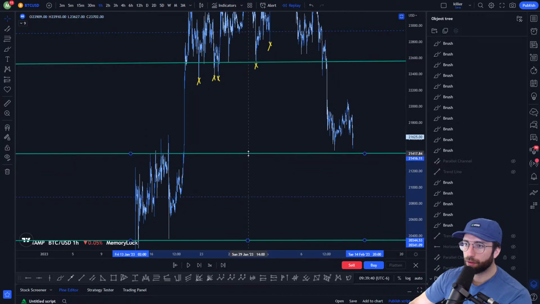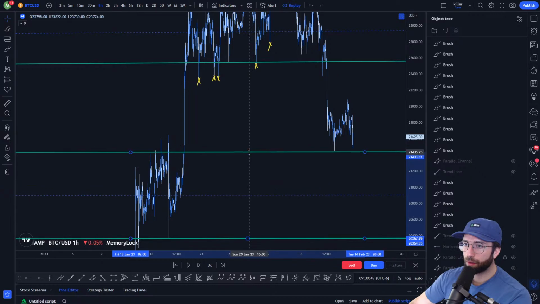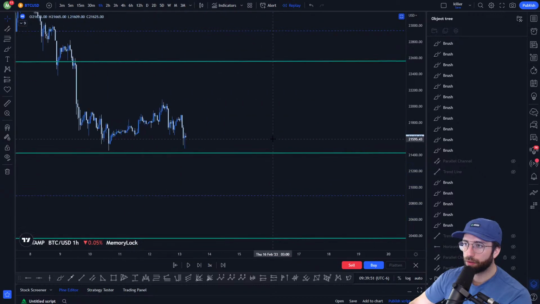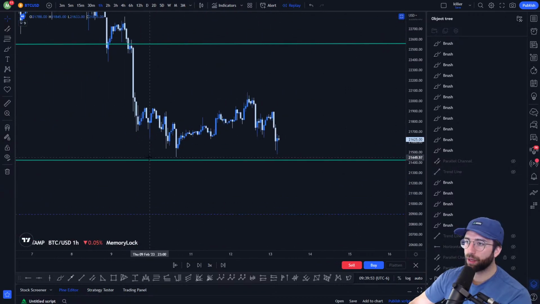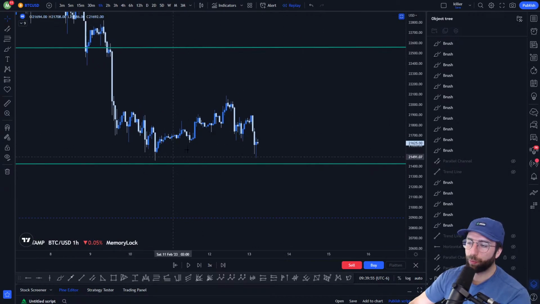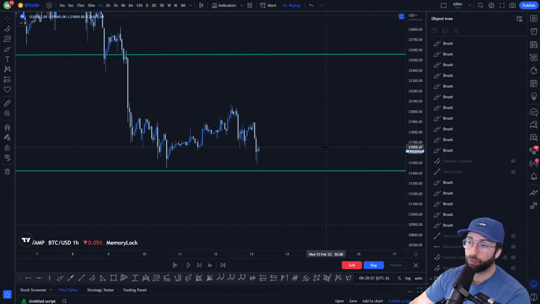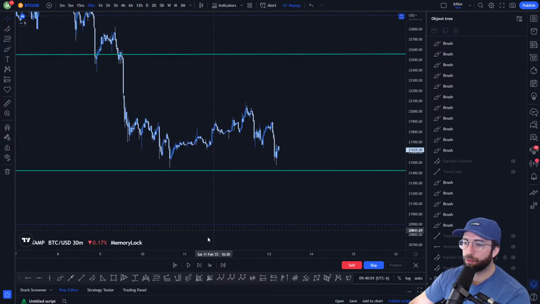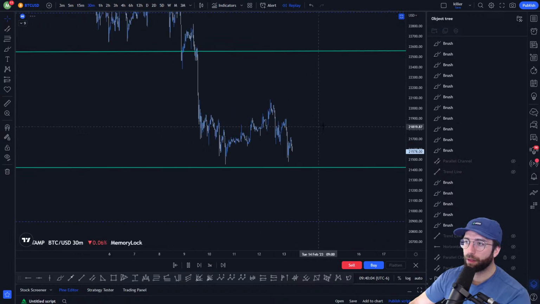I think I must have drawn it something like this. So something similar to that, right? If you think of this as a zone, we're basically finding this area as a support zone. Go down to a 30-minute here. We'll just go ahead and hit play.